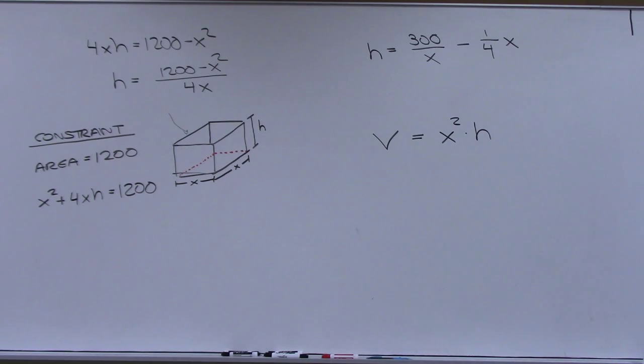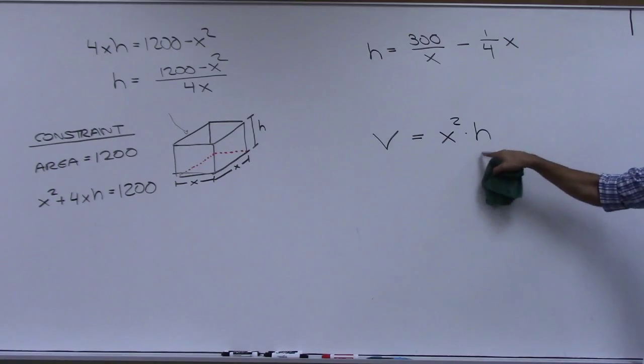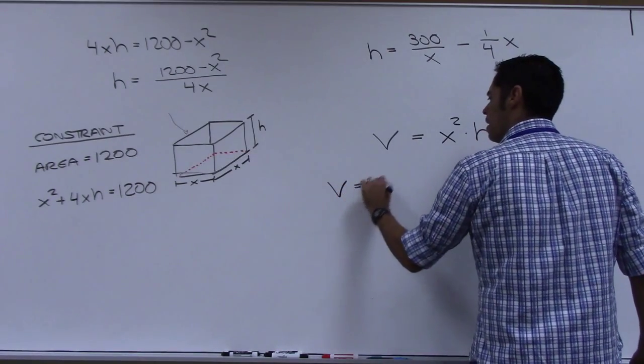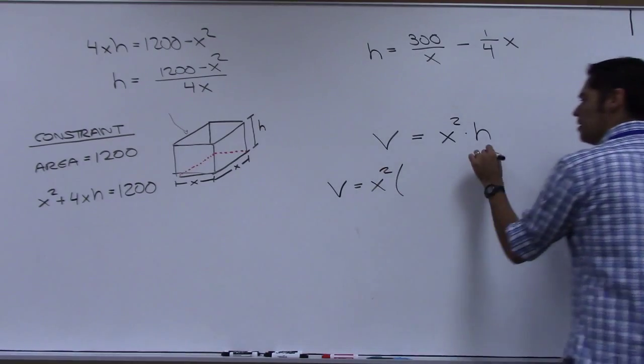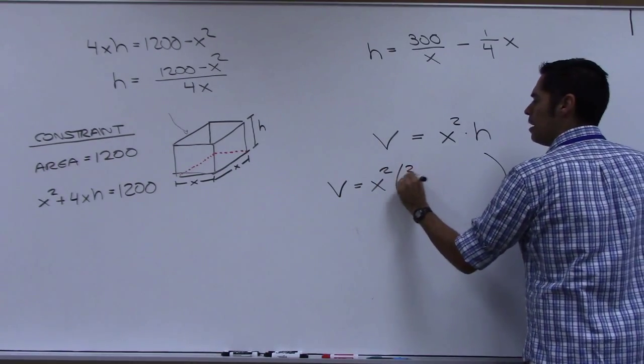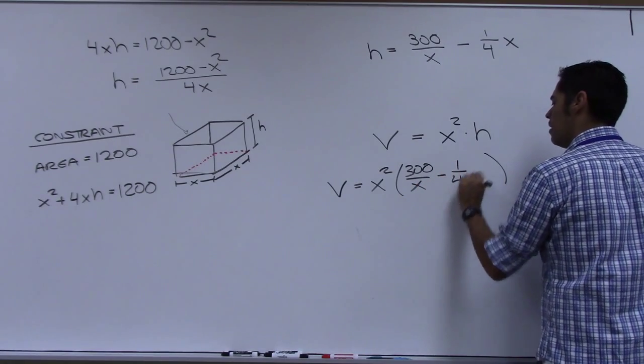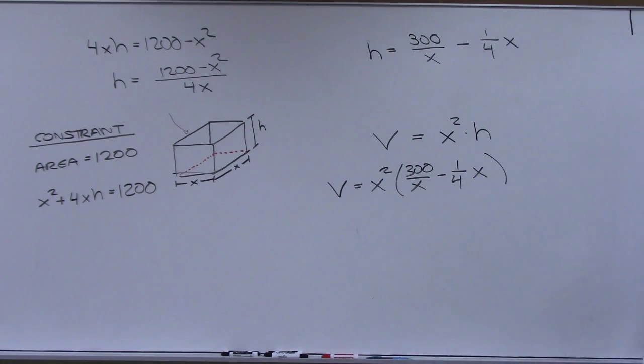With me? Take that h now and replace this with that. So the volume will be x squared times the entire quantity, 300 over x minus 1/4 x. And distribute that x squared through now.